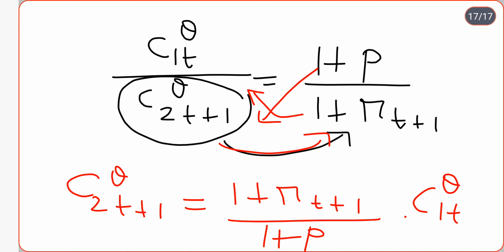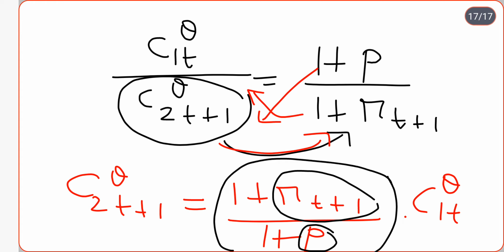Now from this we can easily get the idea that if this rt plus 1 is greater than this rho, then this fraction will be a greater fraction.